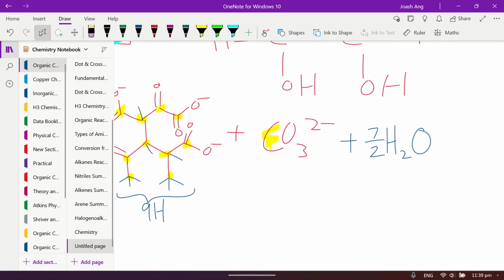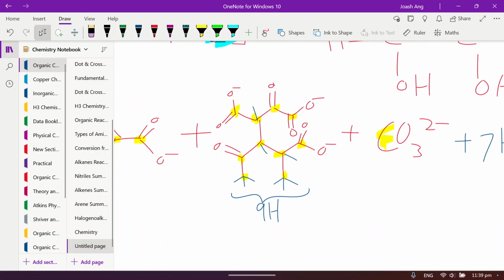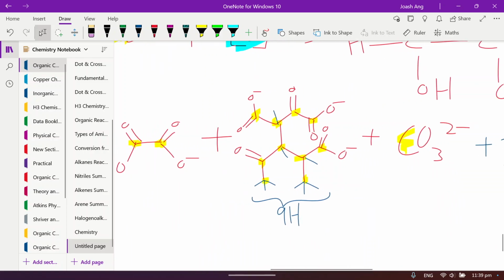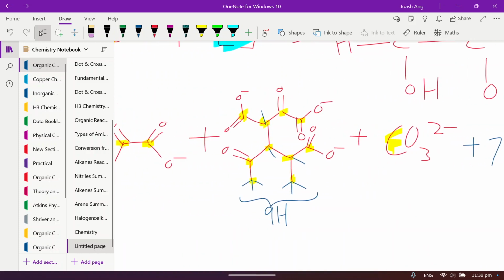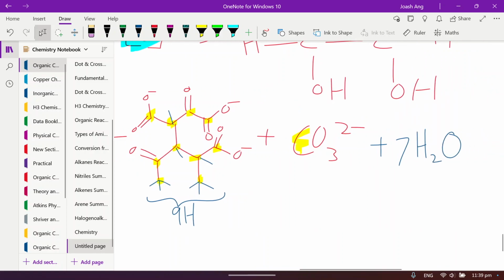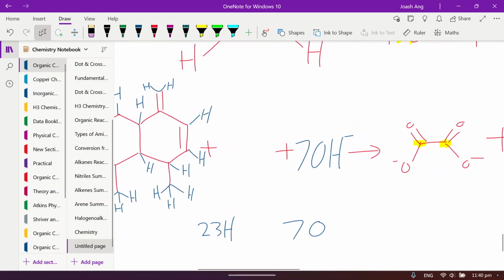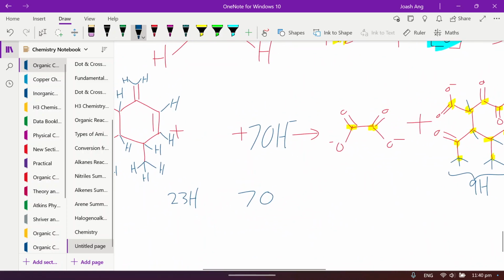So 14, that means we will have 7 water molecules. 7 number of moles of water molecule. So 7 oxygen plus 3 oxygen from carbonate. 10 oxygen. 1, 2, 3, 4, 5, 6, 7, 8, 9, 10, 11, 12. 1, 2, 3, 4, 5, 6, 7, 8, 9, 10, 11, 12, 13, 14, 15. So 22 O on the right hand side.